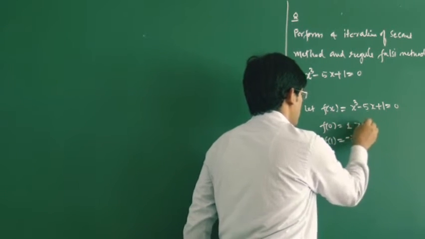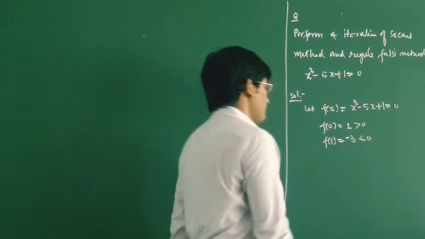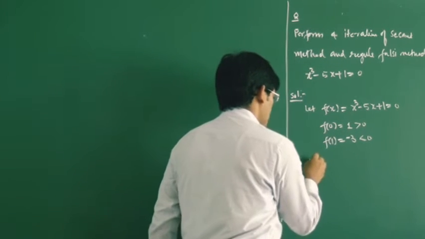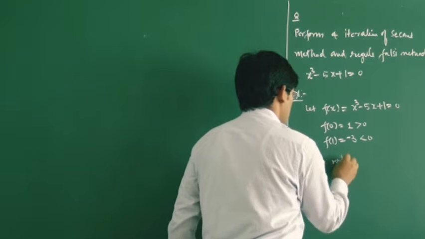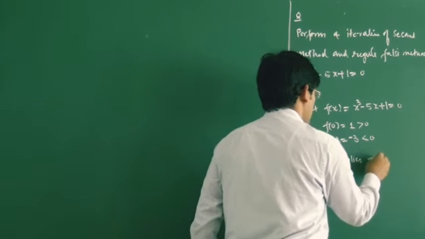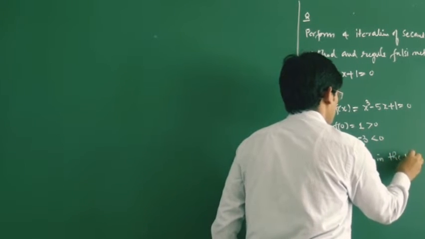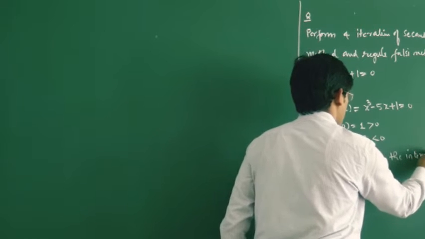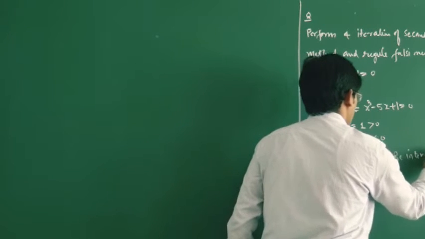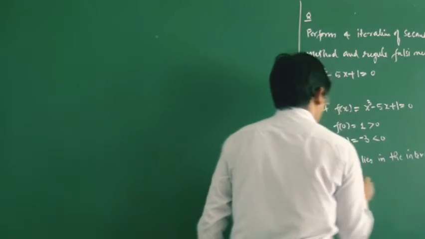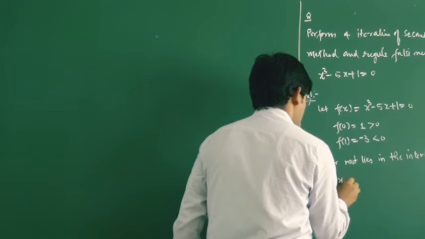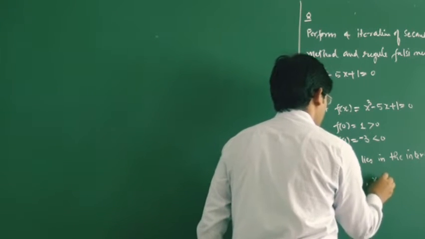So here we have positive sign and here we have negative. Therefore our root lies in the interval 0, 1. So let us assume x0 equal to 0 and x1 equal to 1.